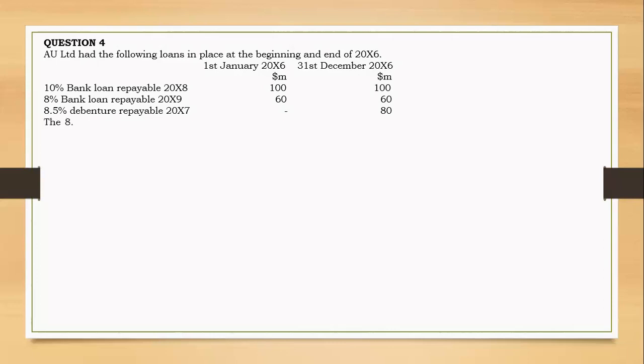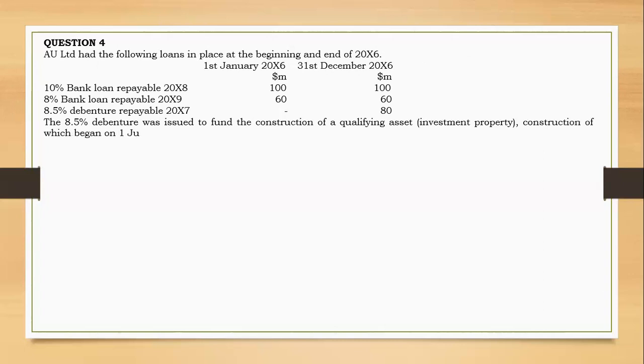All right, let's proceed to the question. The 8.5% debenture was issued to fund the construction of a qualifying asset, which is investment property, construction which began on 1st July 2026.